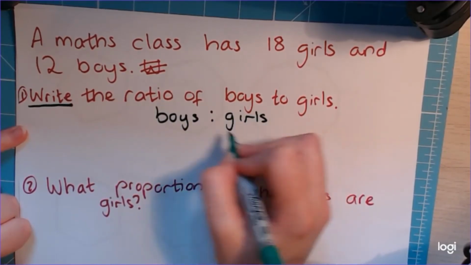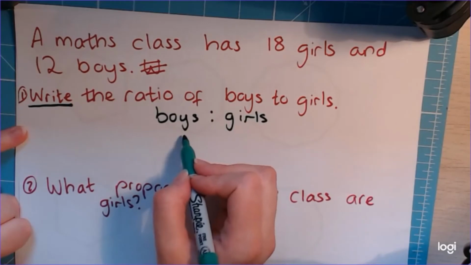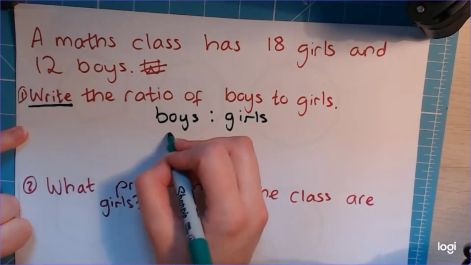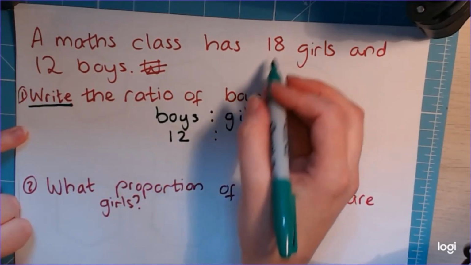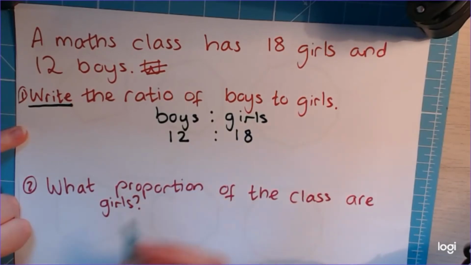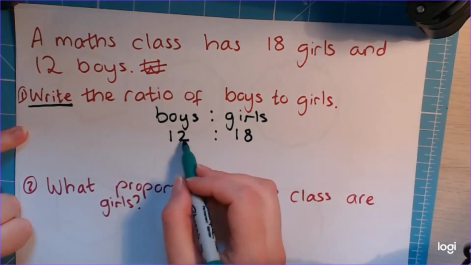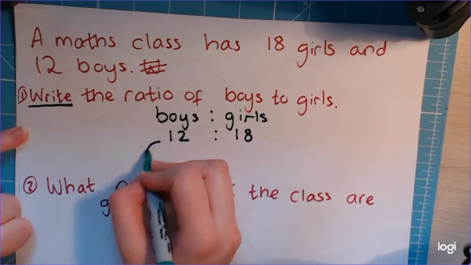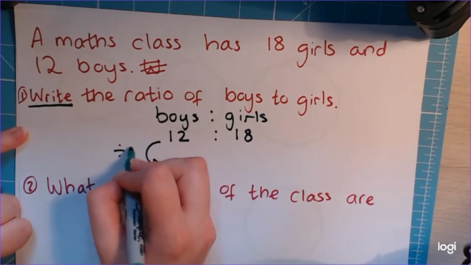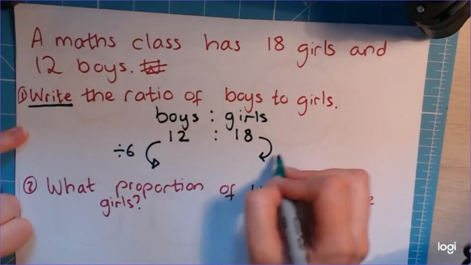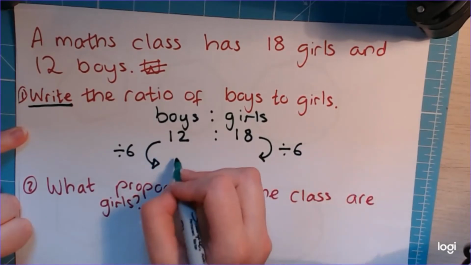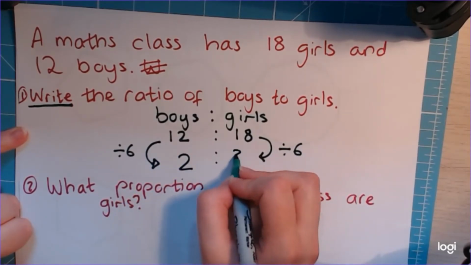So boys to girls, and then underneath I just have to substitute in the numbers. So we've got 12 boys and 18 girls. And actually we can simplify that, can't we? Because these are both multiples of 6. So we can divide by 6 here and divide by 6 here. And we get 2 to 3.